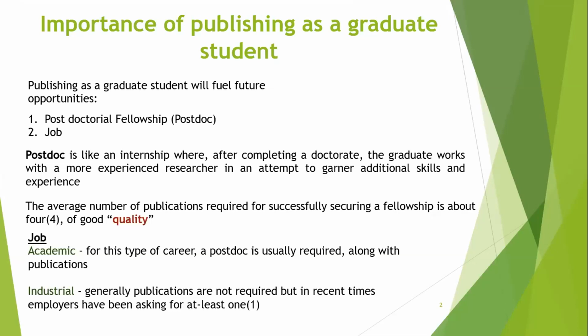principal investigators of research groups generally have to find funding to fund a postdoctoral fellow. In other words, to fund your stipend, okay? And this funding comes from the research.